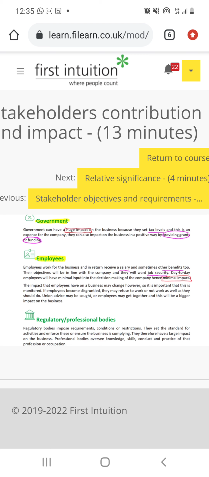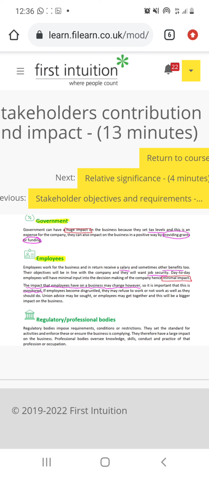The impact, however, that employees have on a business may change over time or depending on how many of them there are. So, it's important that we monitor employees. If employees become disgruntled, they might refuse to work or not work as well as they should do, and union advice may be sought.